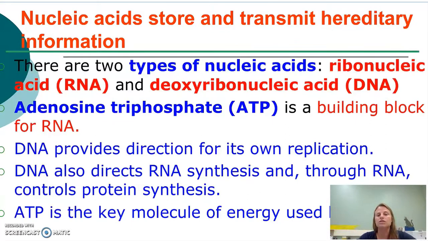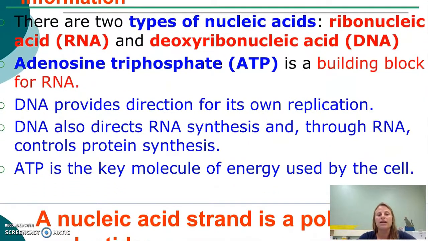Therefore, it also directs RNA synthesis, and that RNA synthesis is going to control the protein synthesis, because the RNA ultimately determines the polypeptides, and we all know polypeptides combine to form proteins, where ATP is going to be the energy that's used by the cell.